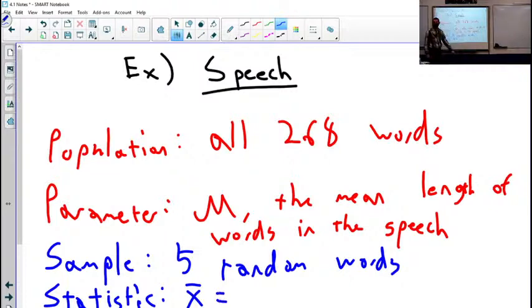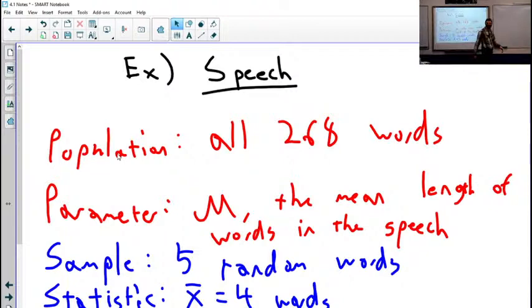And in this case, my X bar was 4. And we're using that to get an estimate of what mu actually is. Mu actually turned out to be pretty close to that.